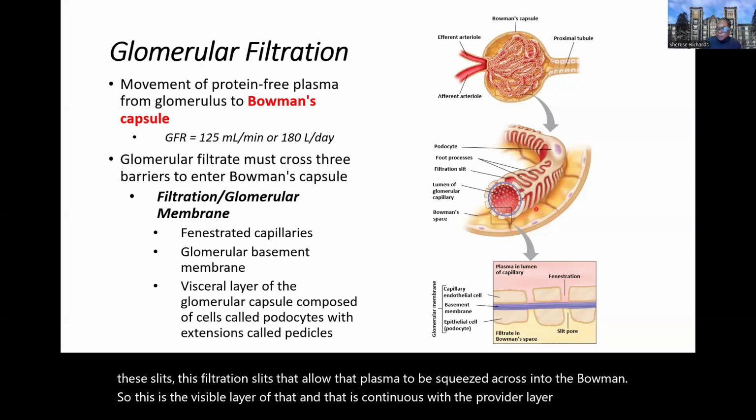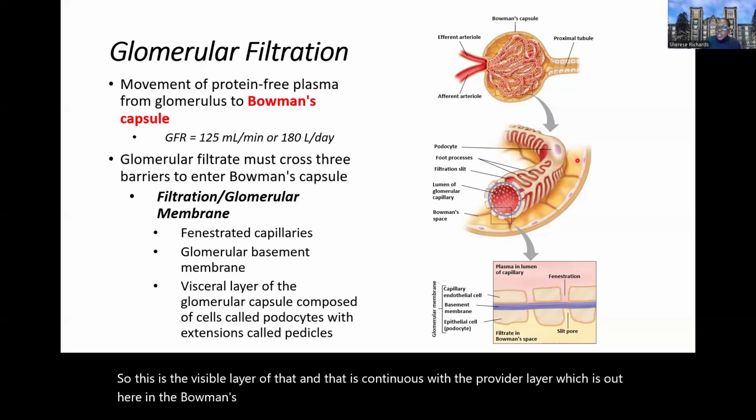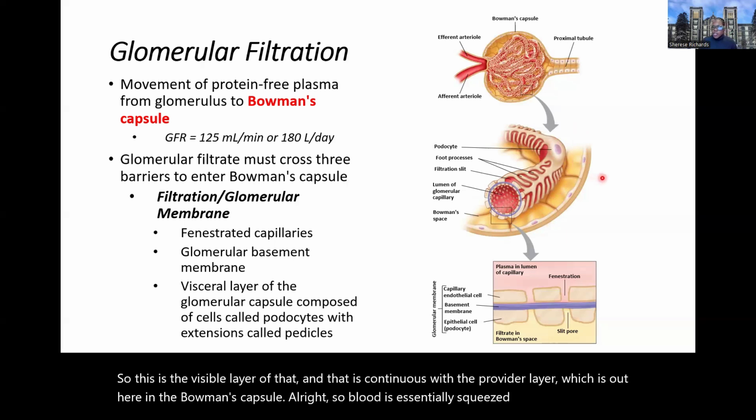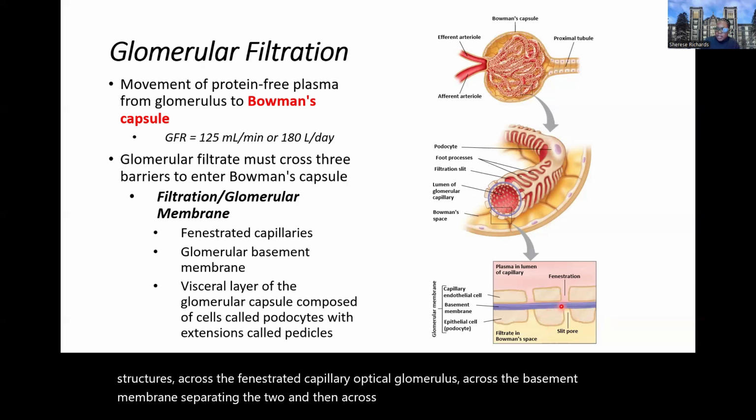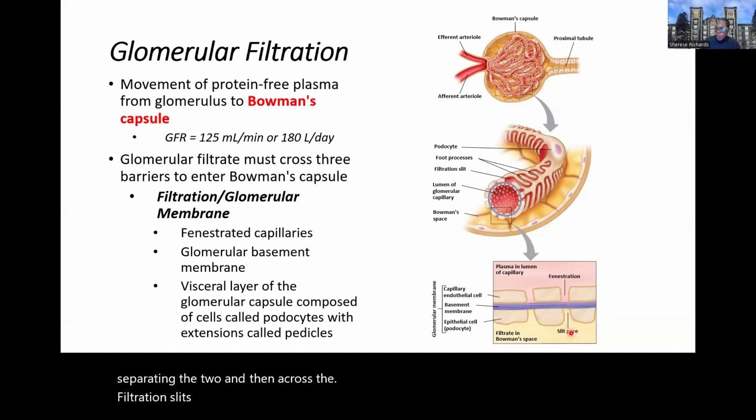All right, so blood is essentially squeezed across these three structures: across the fenestrated capillary of the glomerulus, across the basement membrane separating the two, and then across the filtration slits or the split pores of the other side of the Bowman's capsule, right?